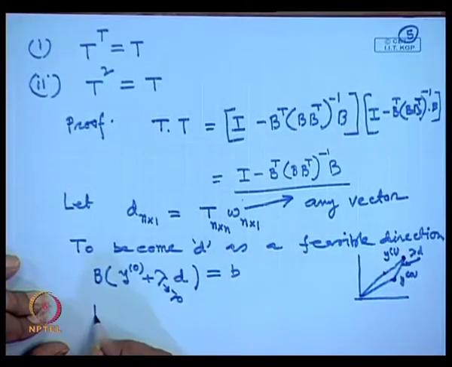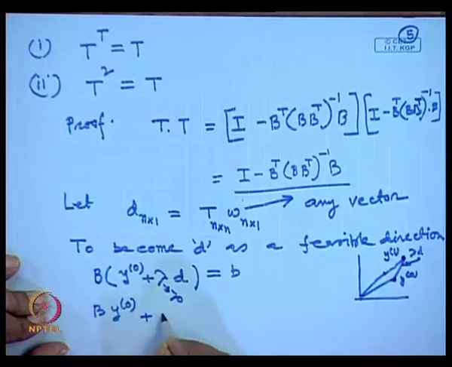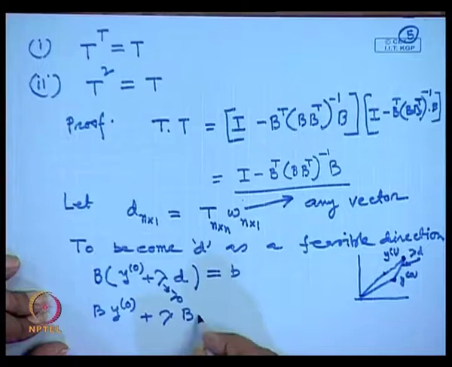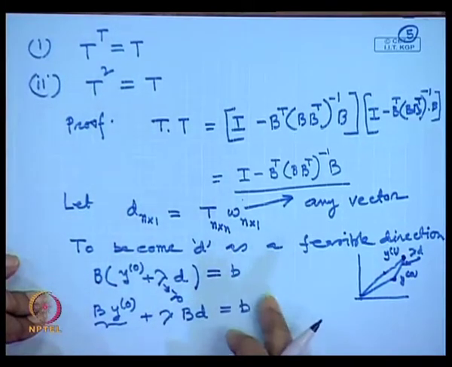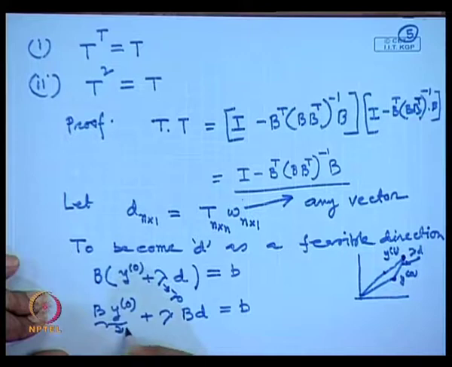Now, lambda is a scalar quantity, so I can take it anywhere. Since y0 was an interior point, it must satisfy our constraint, so this value is our b.